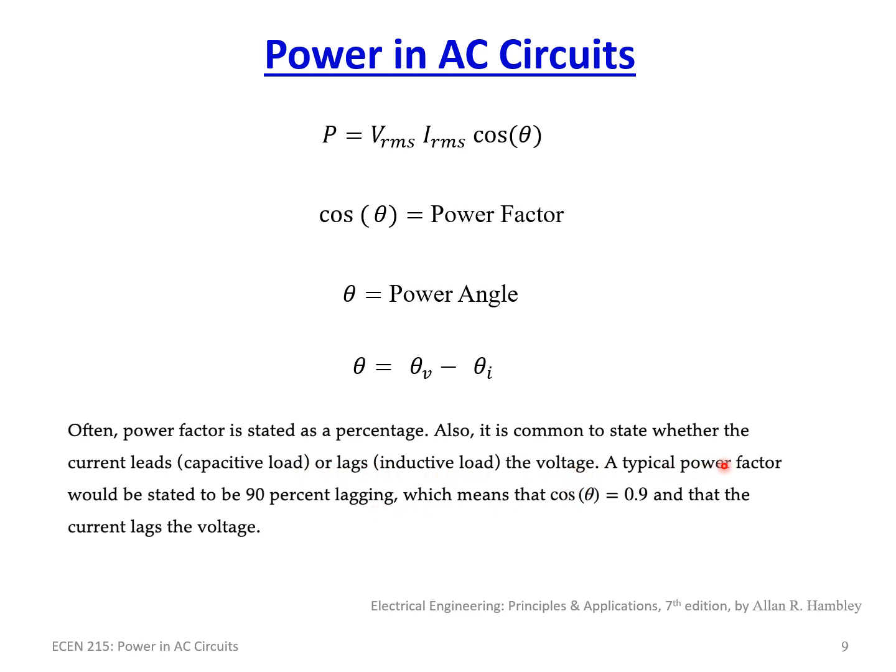So a typical power factor would be stated like 90% lagging, which means that the cosine of theta is 0.9, and that the current lags the voltage. If you have something that is 90% leading, that means that the cosine of theta would be minus 0.9. So if you see terms like this, then you know what this means.